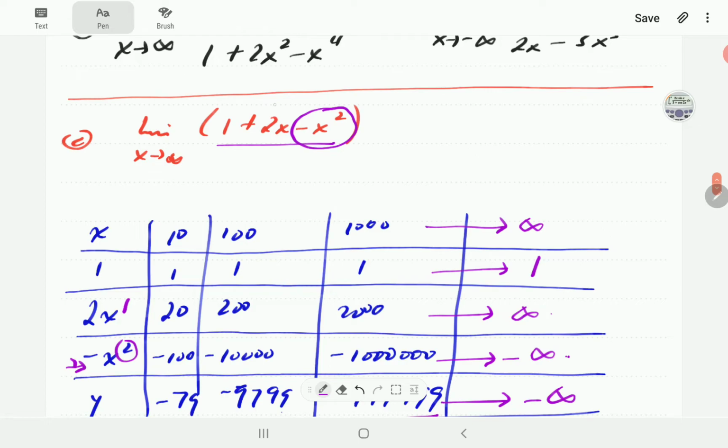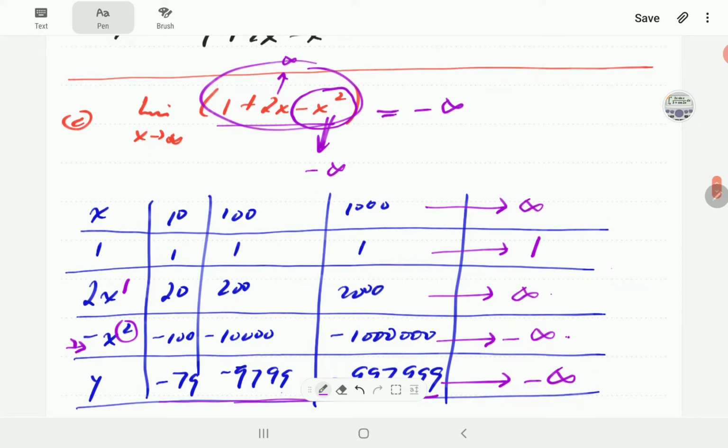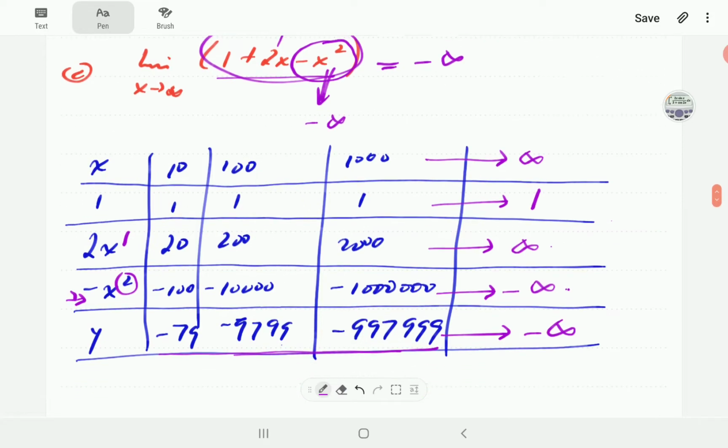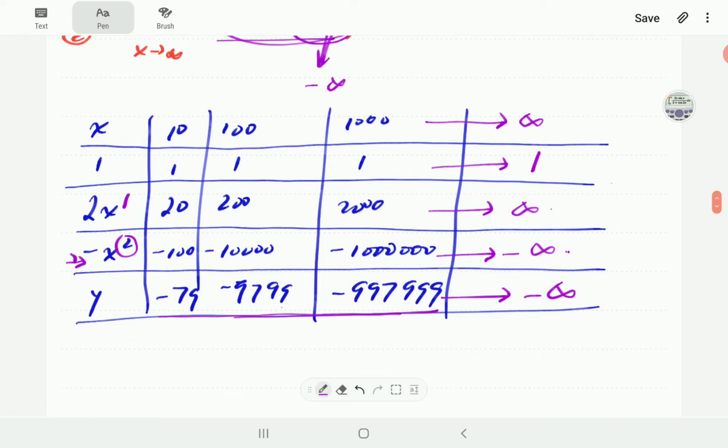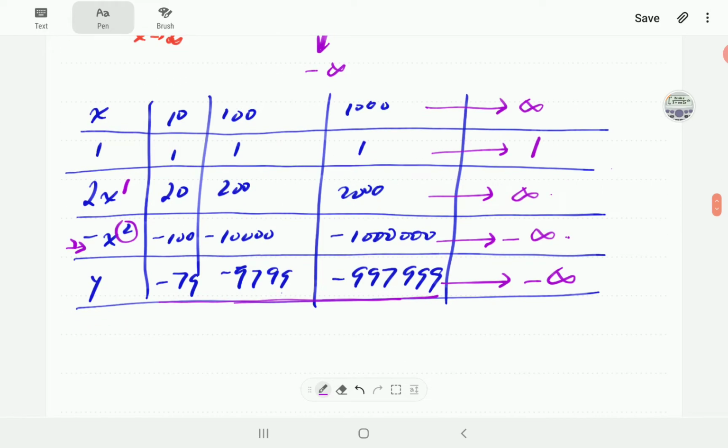Like I was saying, this one goes to infinity, this one goes to negative infinity, but since this one is the highest power, everything goes to negative infinity here. So the answer for this one is going to be negative infinity, simply because the highest power goes to negative infinity. And that's generally going to be the case with these type of calculations.